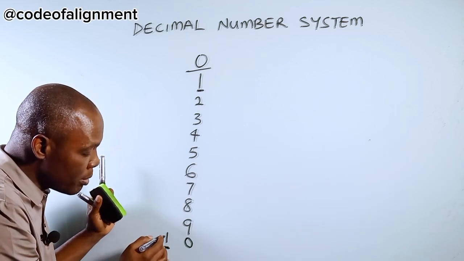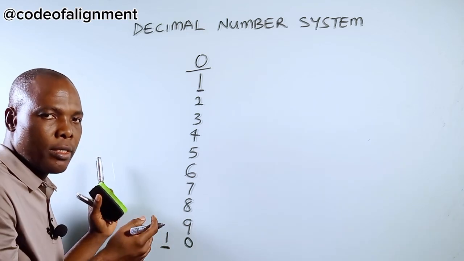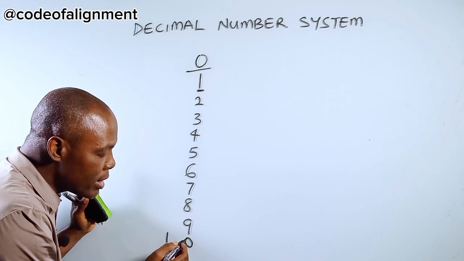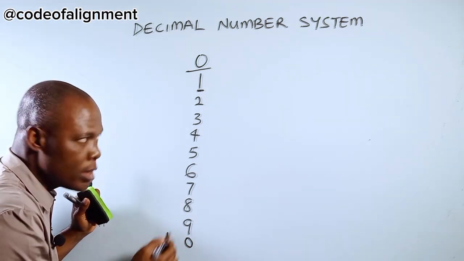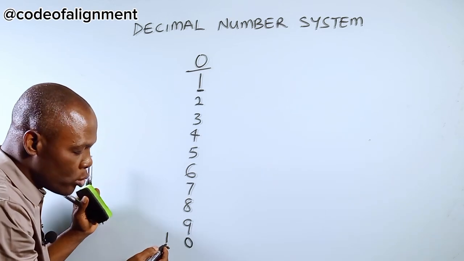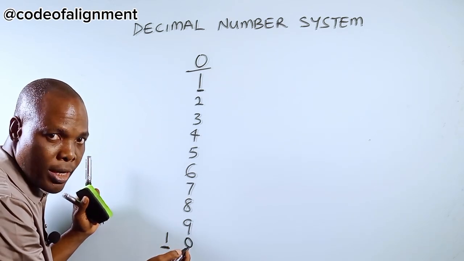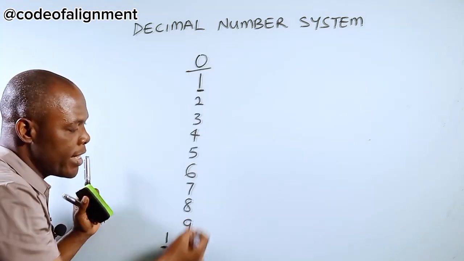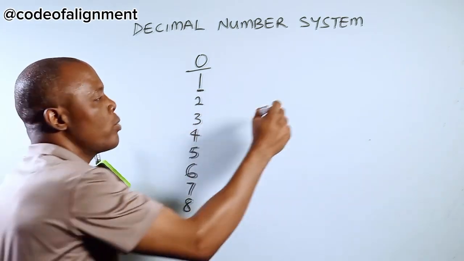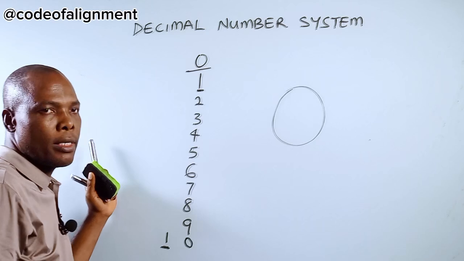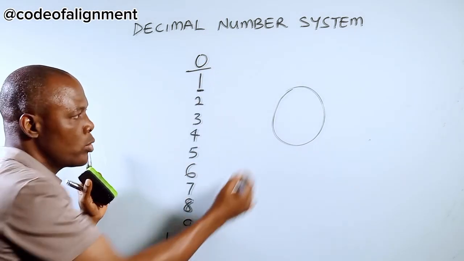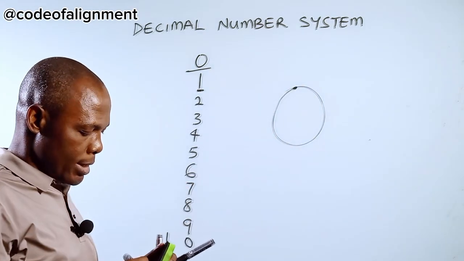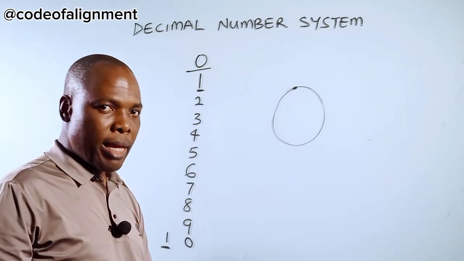The 0 leaves this place as a placeholder; without it, this would have collapsed into this. For this structure to be sustained, we need to have this 0 placed here. If you look at this pattern, we've gone a complete cycle: we started from here and have come back to the very place where we started our journey. I hope you are seeing what I'm showing you.